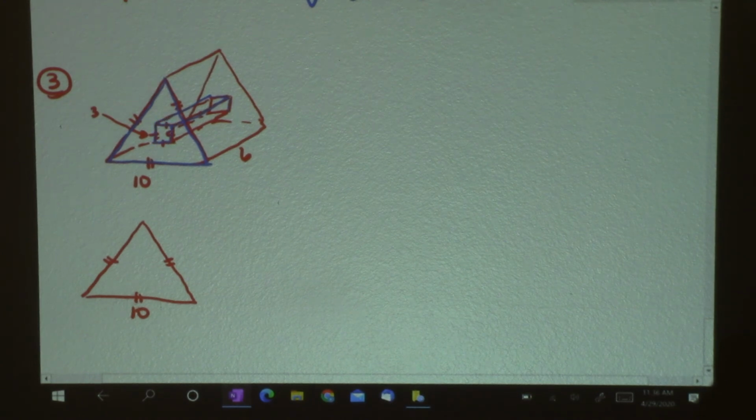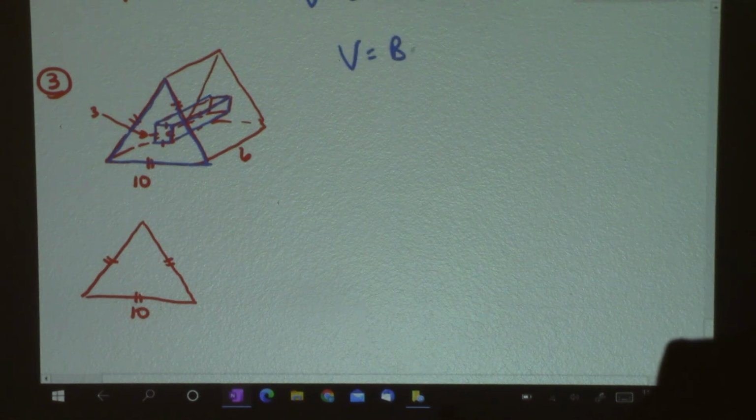Okay, it's a rectangular prism inside, so I'm going to take that out. So let's talk about finding this front picture. So I have the triangle, I redrew it down here, and this is 10. So, and I've got these little markings, so that means this is 10 and this is 10, okay?